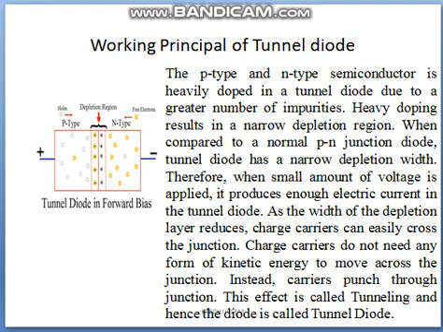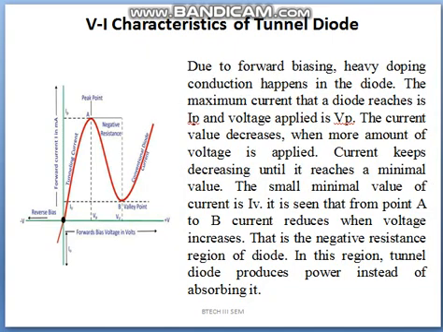As the width of the depletion layer reduces, charge carriers can easily cross the junction. Charge carriers do not need any form of kinetic energy to move across the junction. Instead, carriers punch through the junction. This effect is called tunneling and hence the diode is called a tunnel diode.